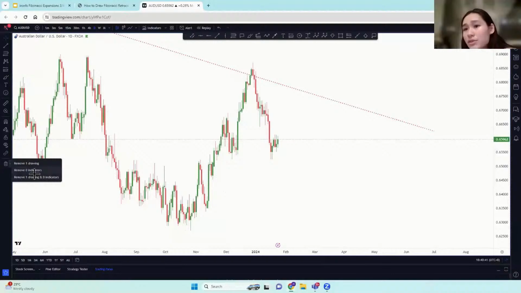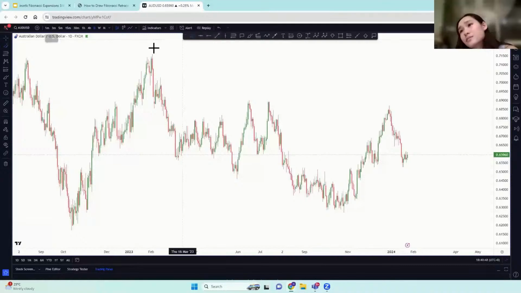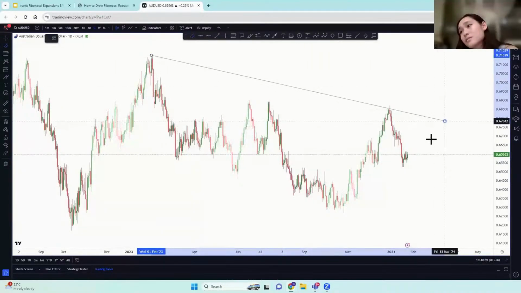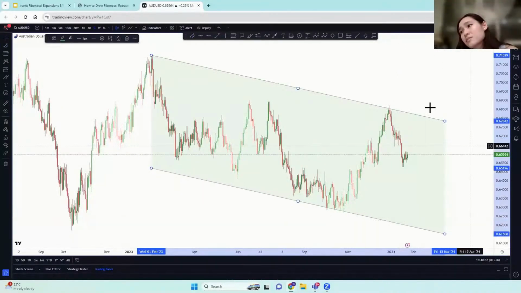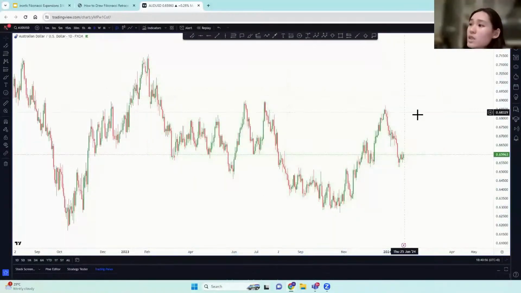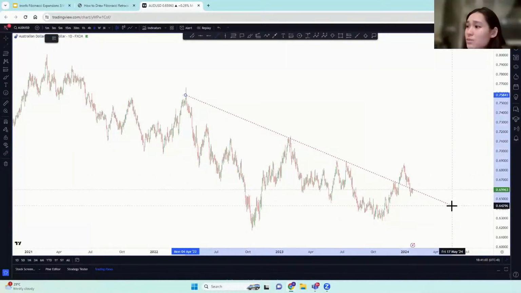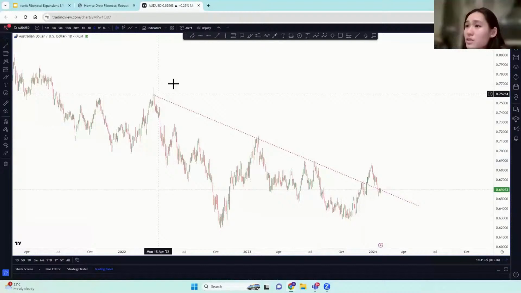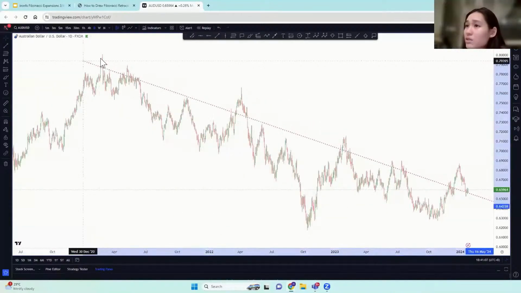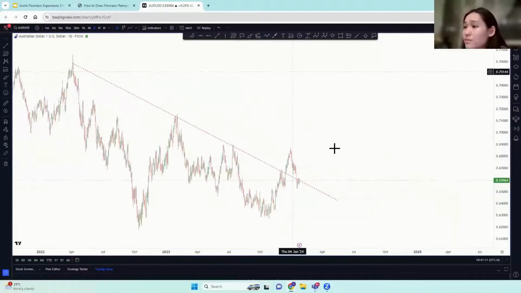On our daily time frame, it also looks kind of bearish, even though we don't have any... oh, actually it's currently breaking out of this descending trend line.